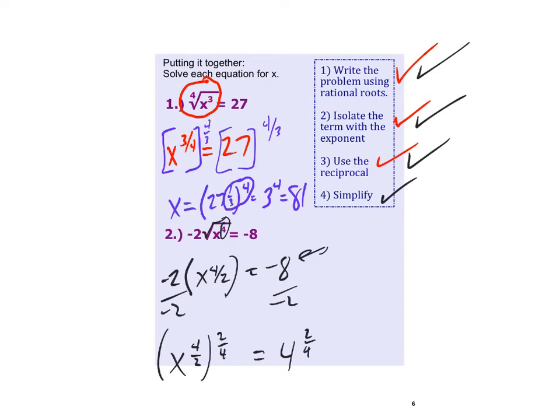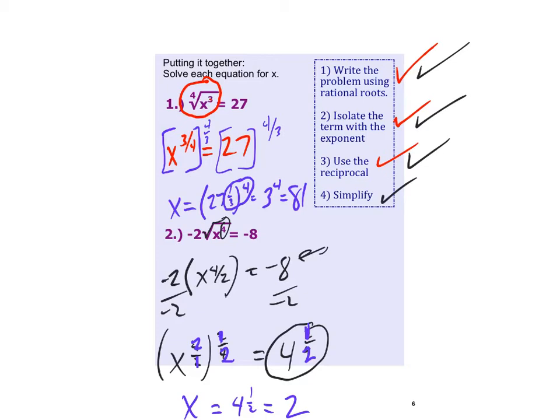Now you can see this is where reducing would be helpful, because 4 to the 2/4, the 4th root of 4, is not an easy task without a calculator at least. So I'm going to change this to 2/1 and this to 1/2. All I've done is reduce that exponent fraction. So this becomes just x equals 4 to the 1/2, which is just the square root of 4, which is 2. Okay, so x equals 2 here.